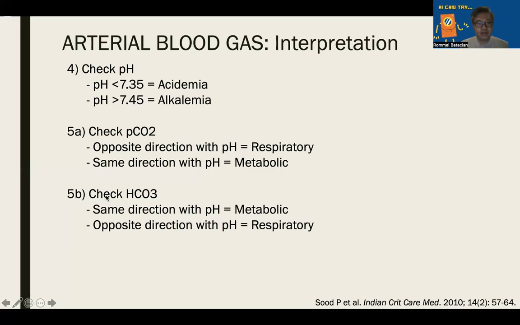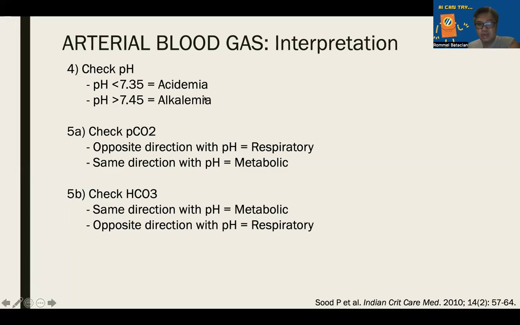Now, if the bicarb is the one that has the abnormality, it's the same. For example, the bicarb is elevated at 30 mEq per liter, and the pH of the individual is 7.50, which is greater than the maximum normal of 7.45. So elevated bicarb and increased pH, so they are in the same direction.